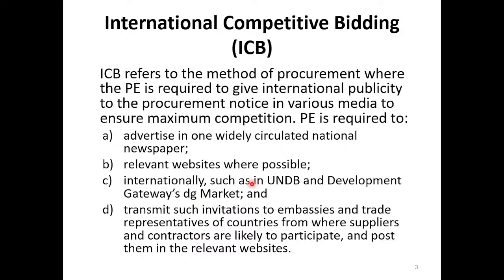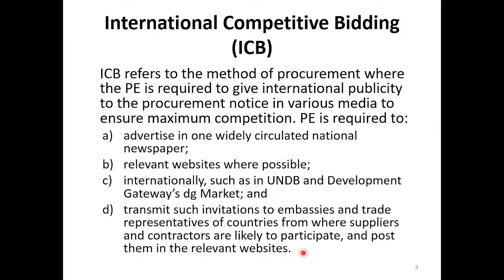Here you can find the UNDP website, with so many invitations for bids. Then transmit such invitations to embassies and trade representatives of countries from where the suppliers and contractors are likely to participate, and post them on the relevant website.